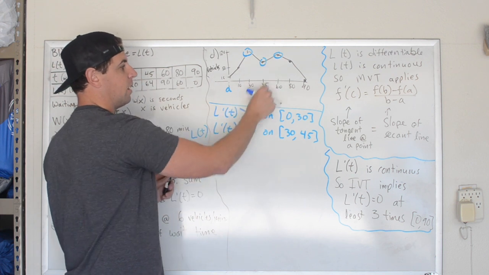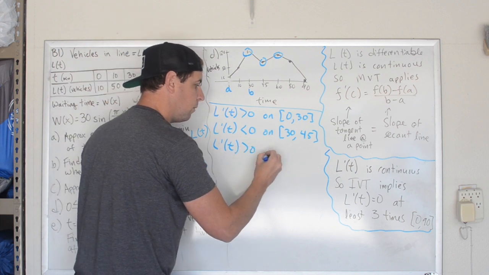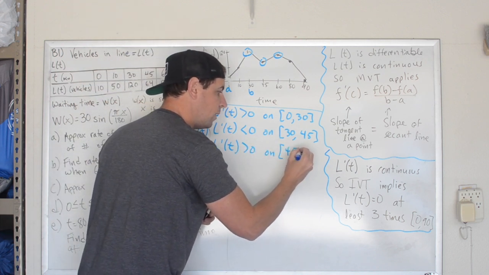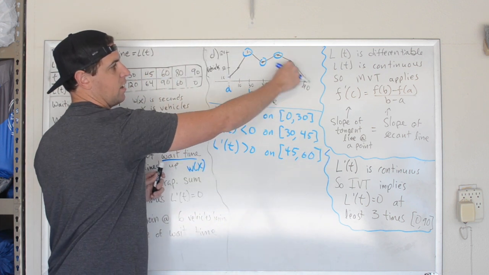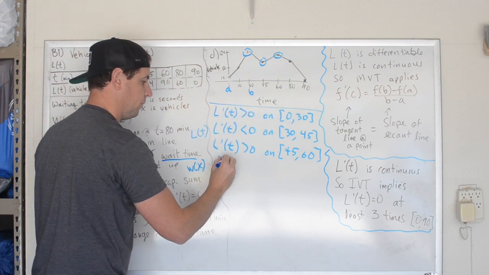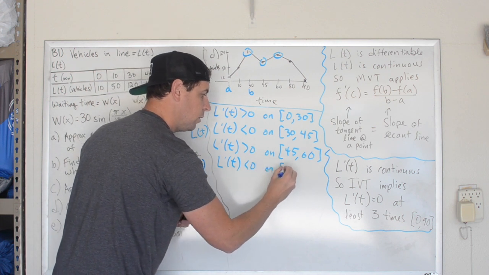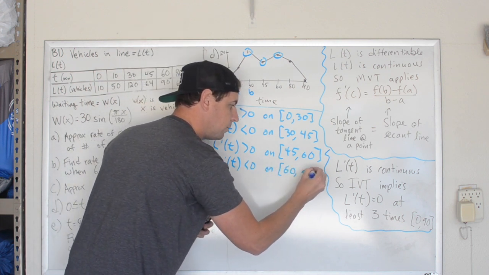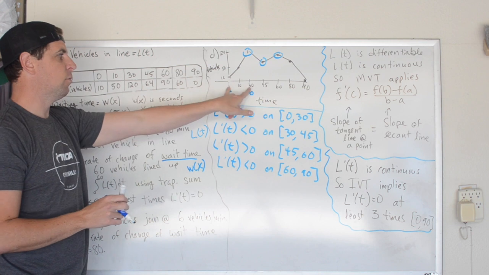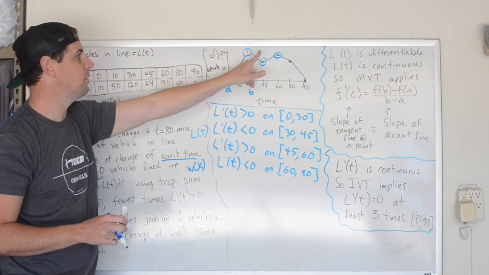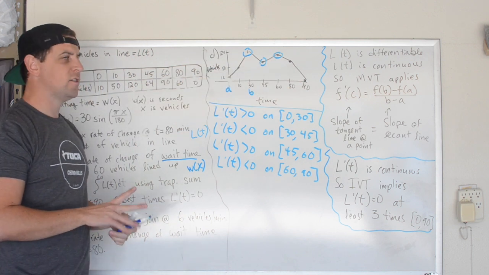It's going to be positive again on the interval between 45 and 60. And then it's going to be negative on the interval between 60 and 90 because it's going down there the whole way. On the interval 60 to 90. So at this point now we've used the mean value theorem to tell us, hey, somewhere here the slope is positive, somewhere here the slope's negative, slope's guaranteed to be positive here, and negative at least at one point there. Yeah? That just tells us we're doing this.